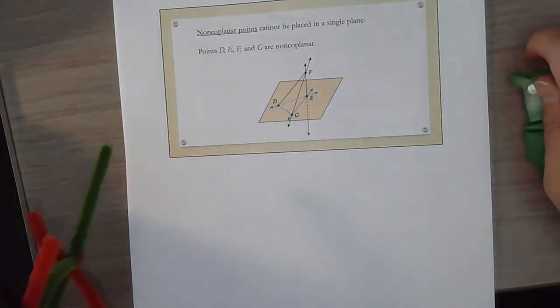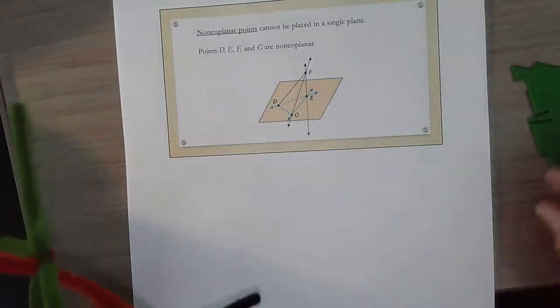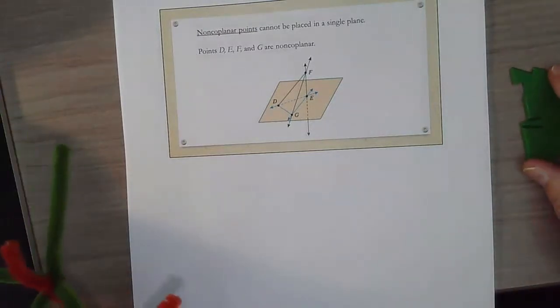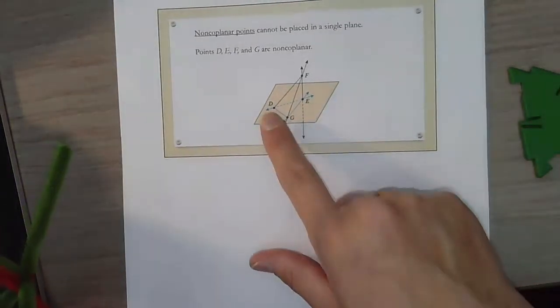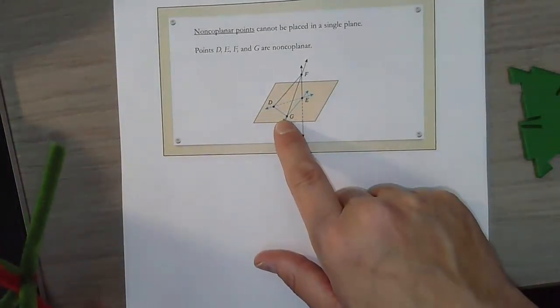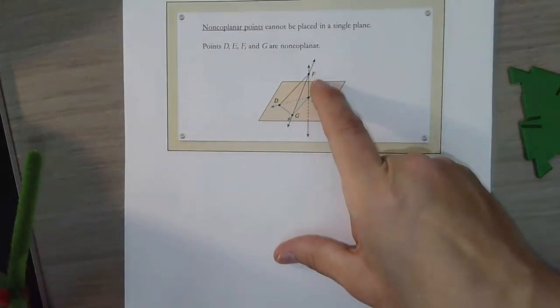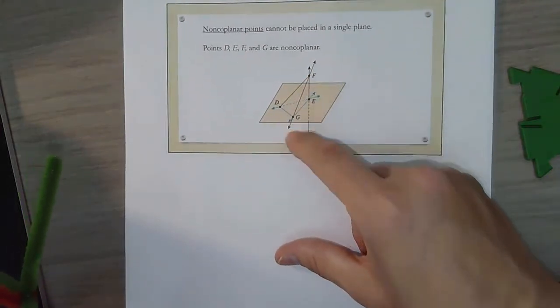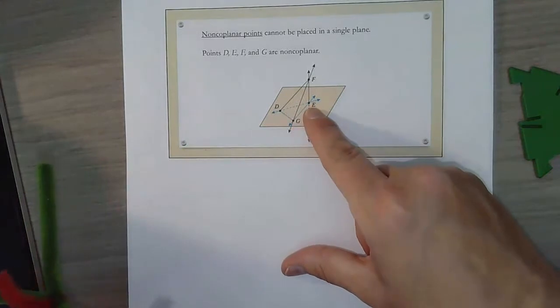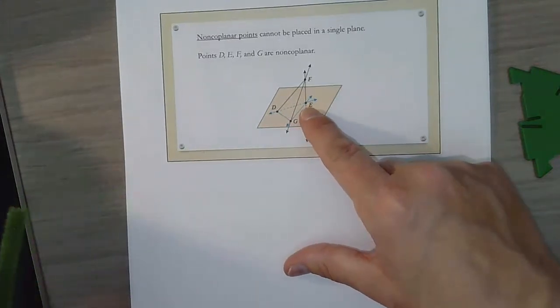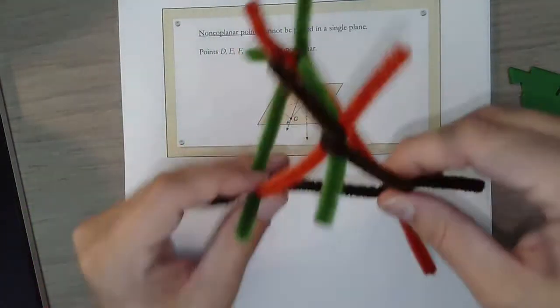Non-coplanar points would be those that do not fall within the same plane. So like D, G, E, and F are non-coplanar because D, G, and E are coplanar, but F comes up out.